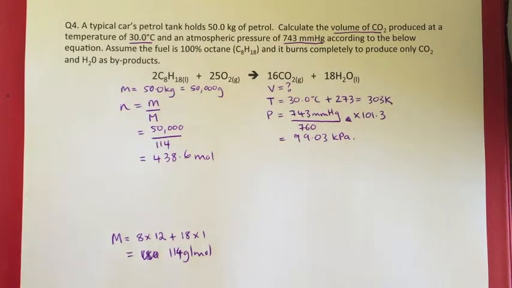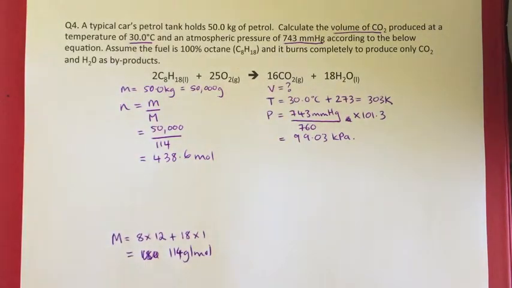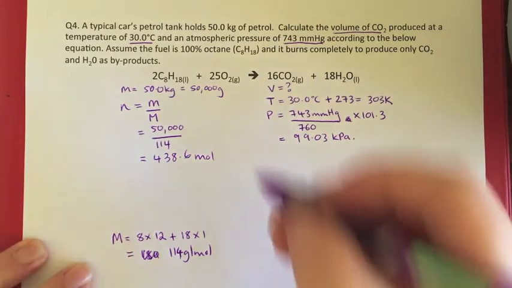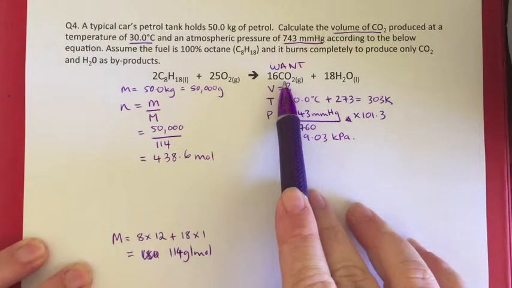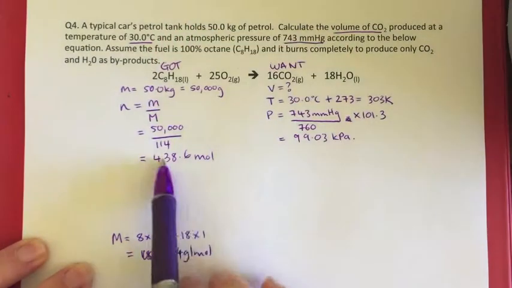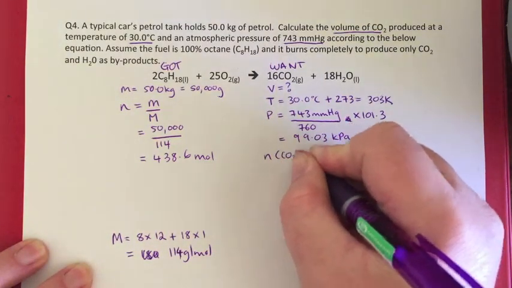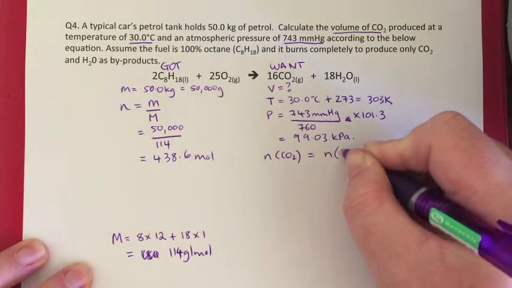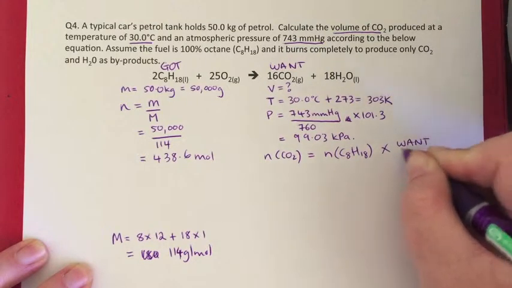All right, so now we need to go through number of moles to find out the number of moles of carbon dioxide. In this case, I use what I term a want over got scenario. What that means is we want to know how many moles of carbon dioxide we have. We've got our number of moles for octane. So the number of moles of carbon dioxide is equal to the number of moles of octane times want divided by got.